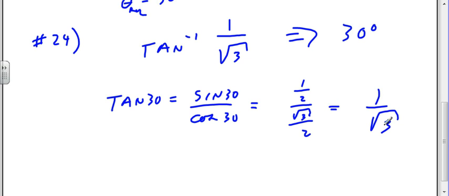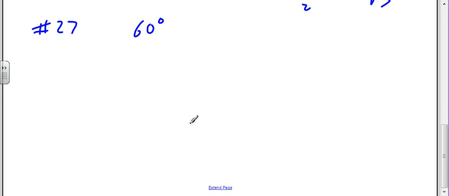All right, we'll do 27, and we'll write down 60 degrees and move on. No, we won't. We'll do more than that. Ben says that's all he needs is to know the answer. He doesn't really need to care how. Arc tangent of the square root of 3.